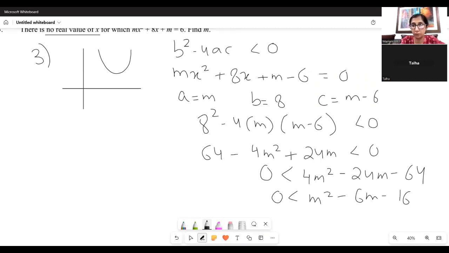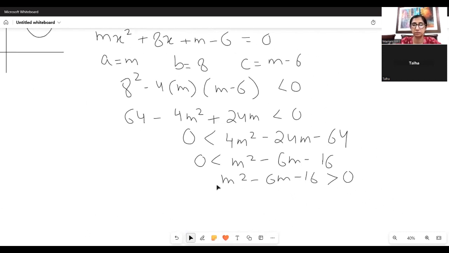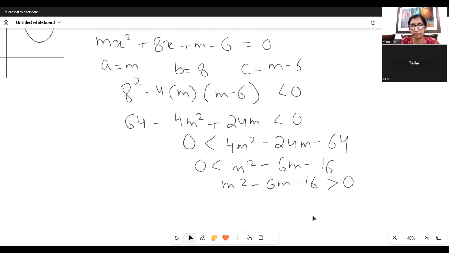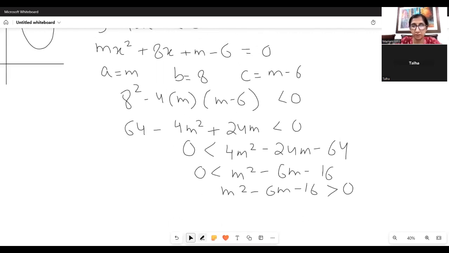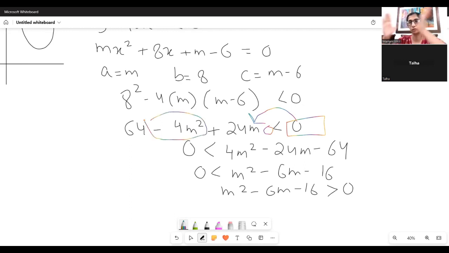So this is the quadratic inequality: m square minus 6m minus 16 is greater than 0. ये ग्रेटर देन 0 कैसे हो गया अब? क्योंकि 0 साइड पे चला गया ना, तो वो लेस देन वाली साइड पे आ गया. So that inequality is now bigger than 0, because here -4m square was there, so we had to make it positive, so we moved it towards the other side.